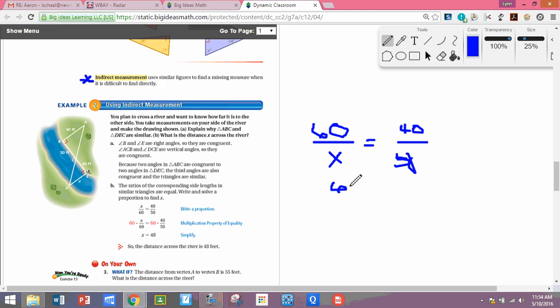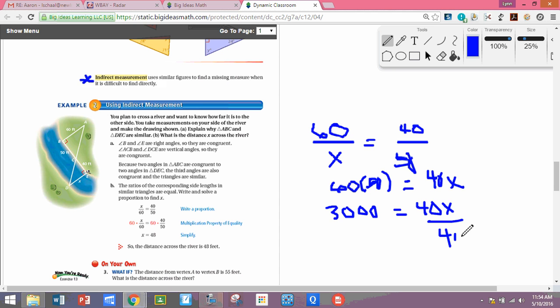So you do 60 times 50 equals 40x. So that would be 3000 equals 40x. Divide both sides by 40. X equals 48. Okay, so you know that the length across the river is 48.